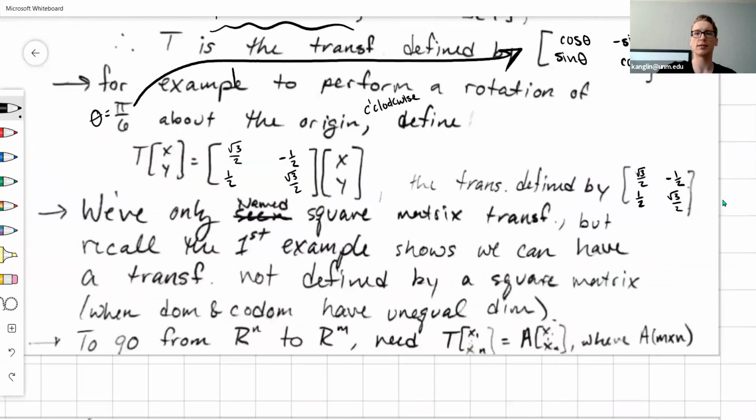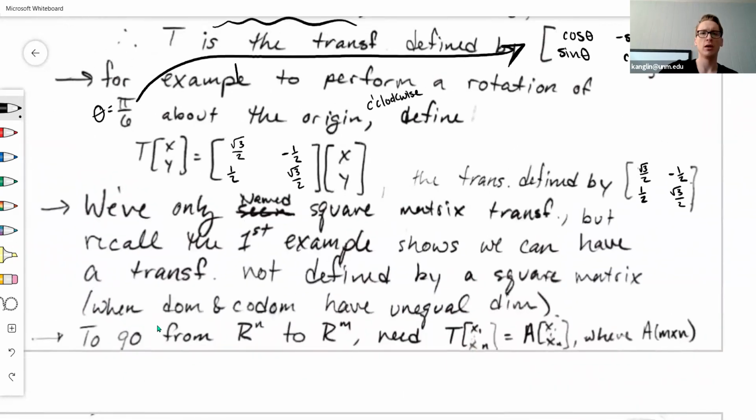So let's summarize exactly what I was describing. In that case, the codomain and domain have unequal dimension. So to go from Rn to Rm with a matrix transformation, we need a transformation T that takes elements in Rn, that's where we're starting, and applies matrix multiplication by some matrix A on that input, that column of entries x1 through xn.